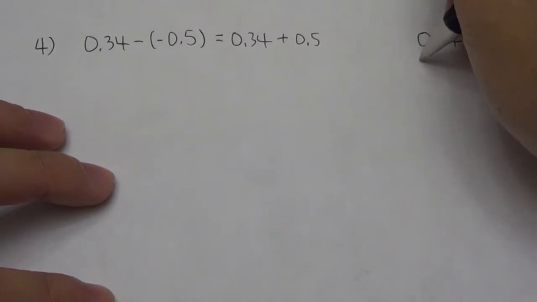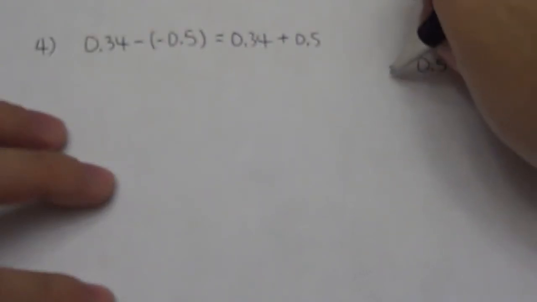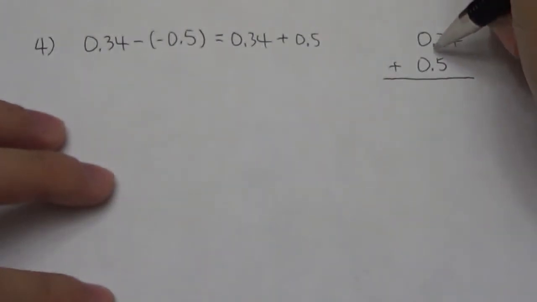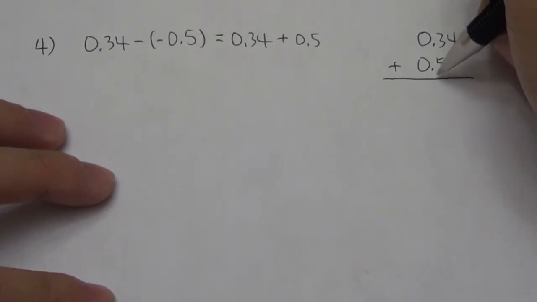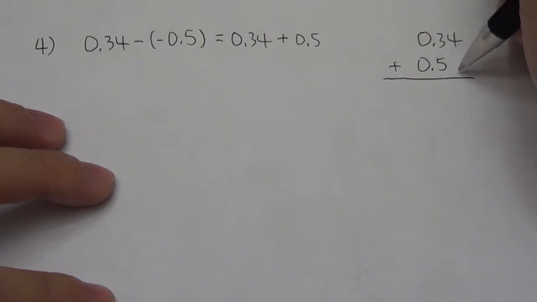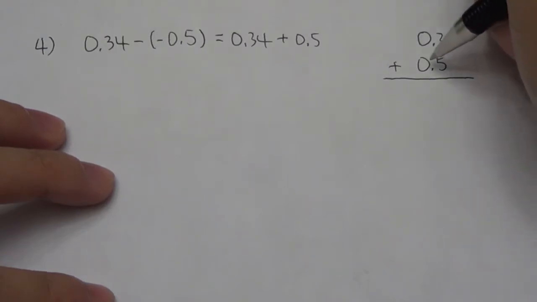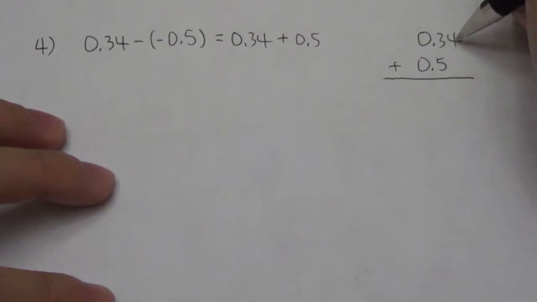Now, by adding decimals, the thing you have to be careful of is to line up the decimal points. Now it's not so much that the decimal points got to line up. It's more the number places have to line up, right? Because this 5, if I were to line it up over here, then I'm adding to this 4. Now this 5 really is not a 5, this 5 is a 0.5. This 4 is a 0.04, right?